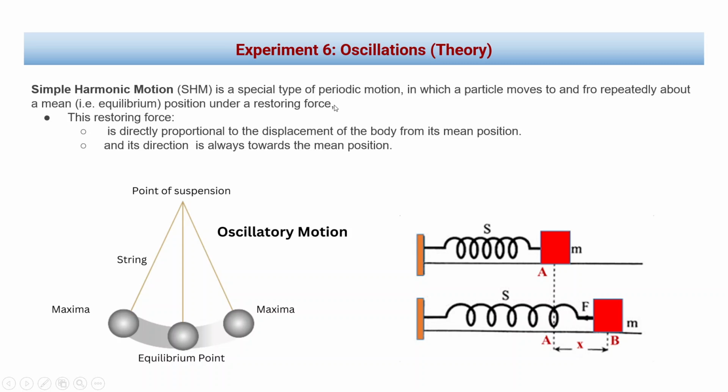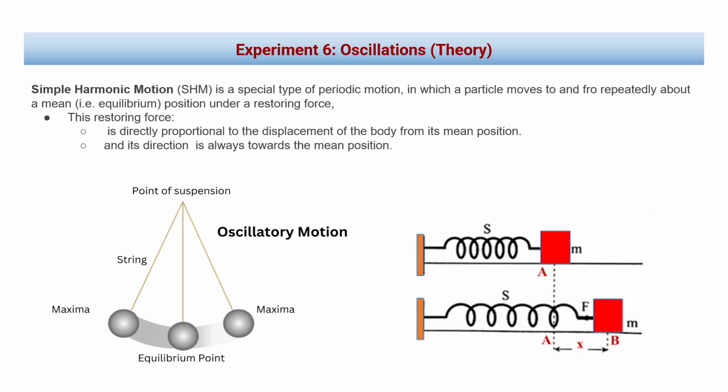Like if I give you an example, a very common example of general periodic motion is the planet moving around the sun. Earth comes to the same position after 365 days, right?